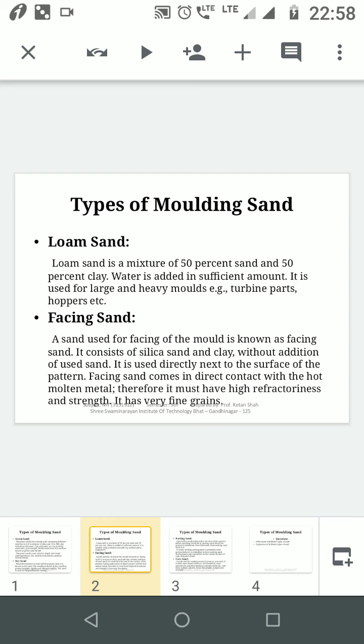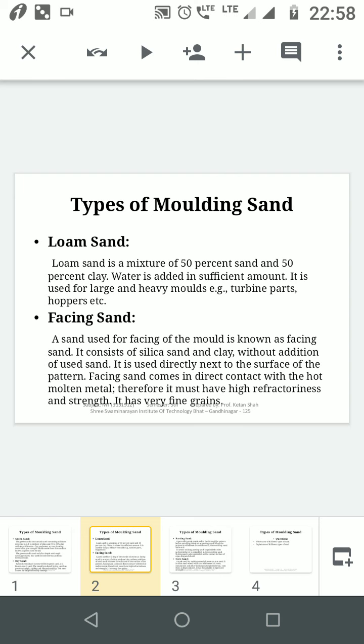For example, after doing any casting, when we remove that cast material from the mold, we can use that sand to make another mold, but we cannot use that sand as a facing sand.